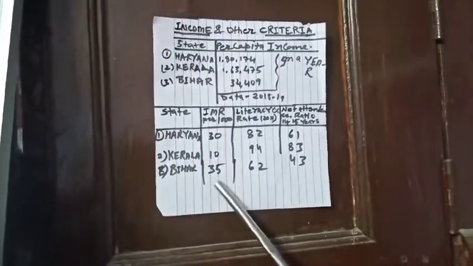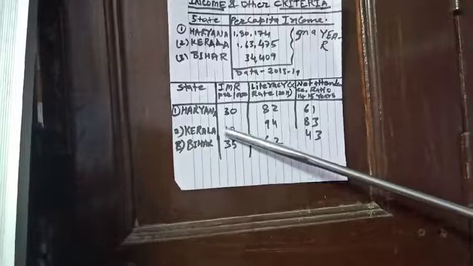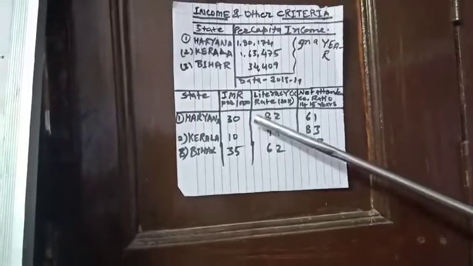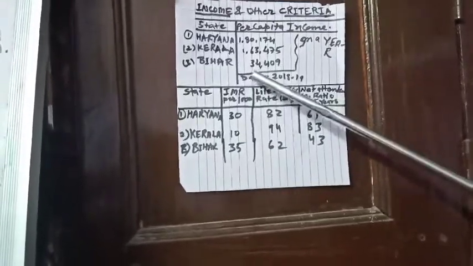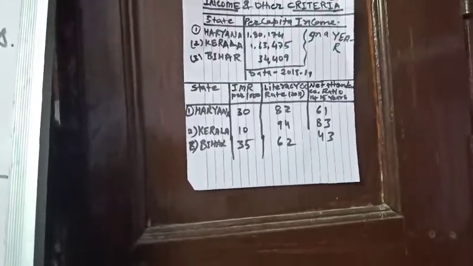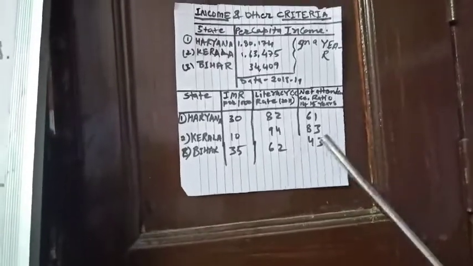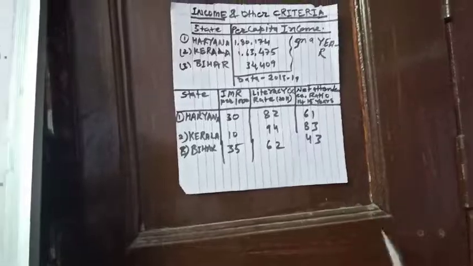If we compare Bihar, we find that the infant mortality rate is very high, that is 35, even though the per capita income is only 34,409. The literacy rate is also very poor, that is 62%, and the net attendance ratio is 43.